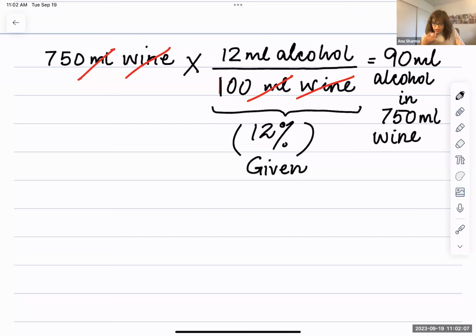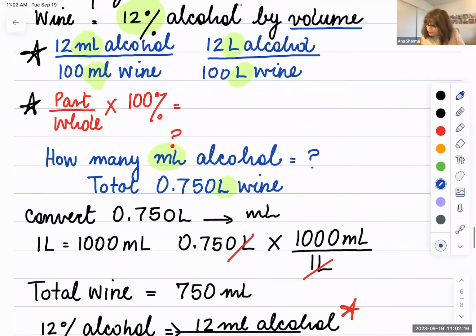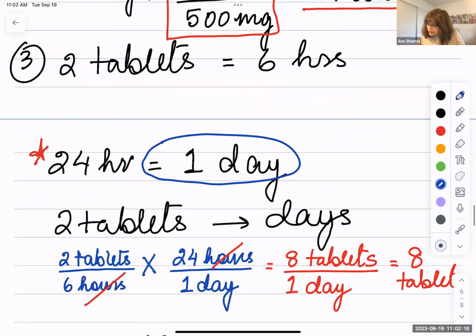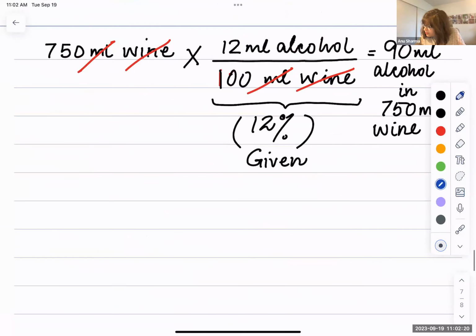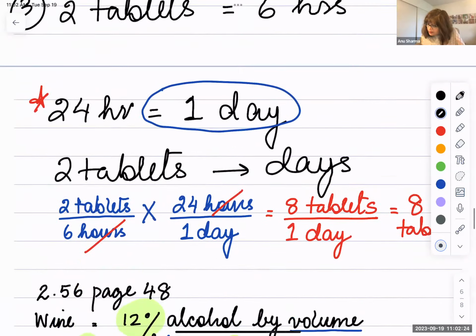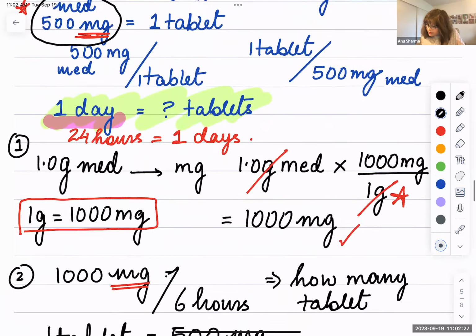Okay, so this is how they label the things also. And then density problems are also going to be there. Let's do one problem on density, and then we'll start the next chapters.